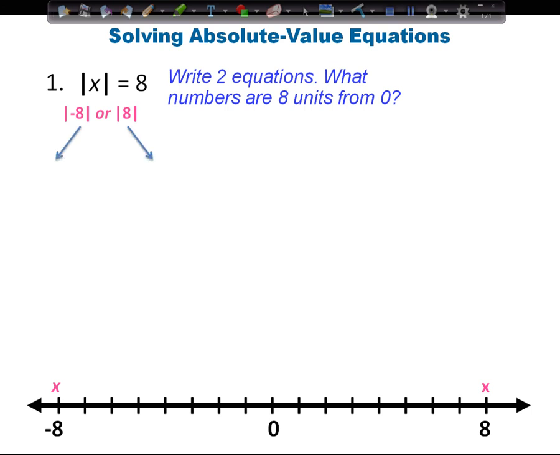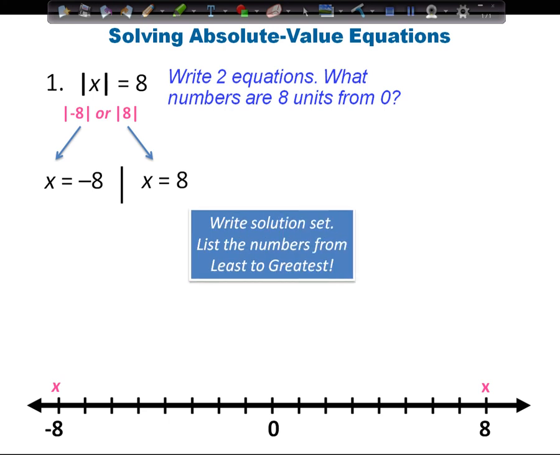So we split this up and say x equals negative 8 and x equals positive 8. Those are our two answers here because we don't have anything else to solve for to get x by itself. So we're going to write the solution set and list the numbers from least to greatest. These are our braces. So it's negative 8 and 8, and those numbers need to be in order from least to greatest.